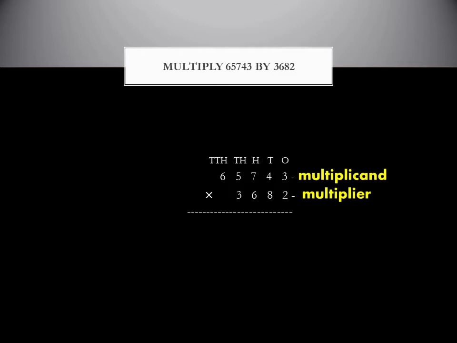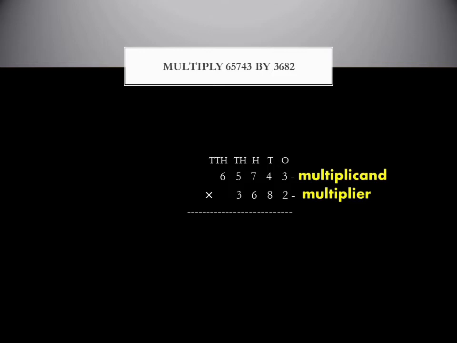Let's take an example. Multiply 65,743 by 3,682. Our first step here is to arrange these numbers in a vertical order. Now the number which is going to be multiplied is called the multiplicand, and the number by which we are multiplying we call the multiplier.